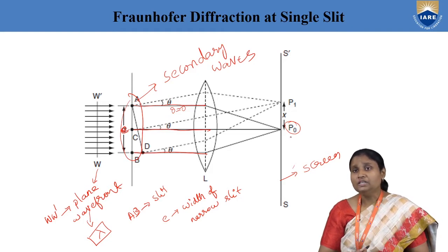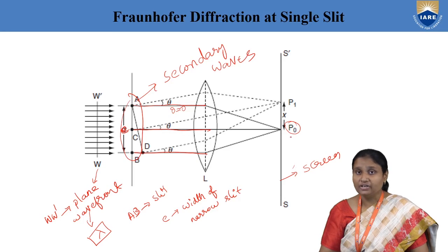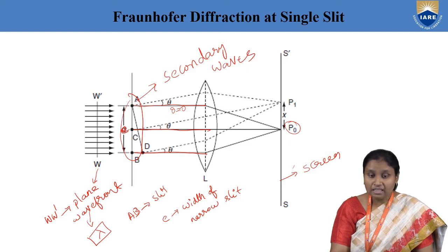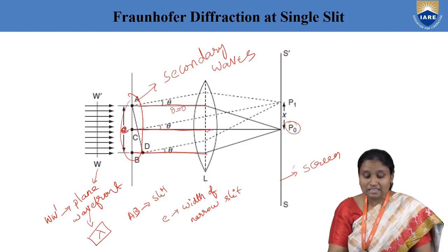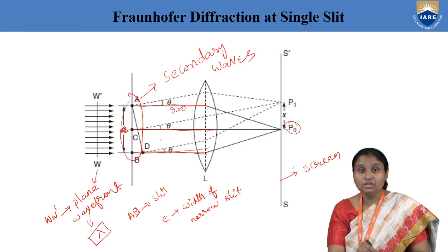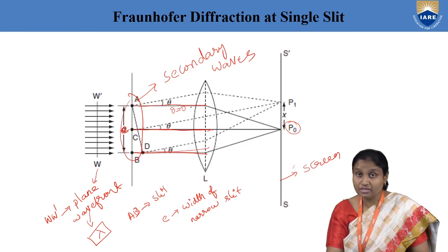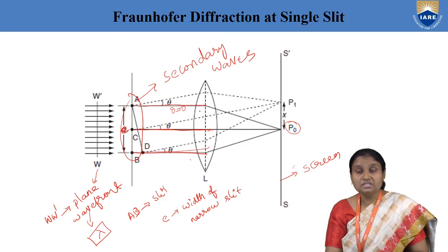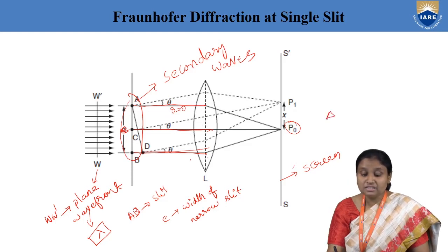Now, tell me whether P0 will give rise to a bright fringe or a dark fringe. For that we should know the path difference. As you know, the path traversed by all these secondary waves which are traveling normal to the slit, their path difference is 0 because they are traveling straight. So path difference is 0, and if path difference is 0, this is the condition for bright fringe.